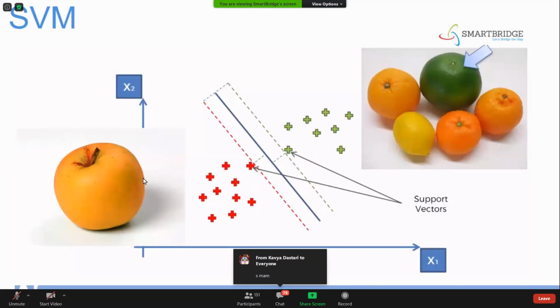Now, you will get a better clarity when I plot it in the graphical representation. So let me just take a Word document.